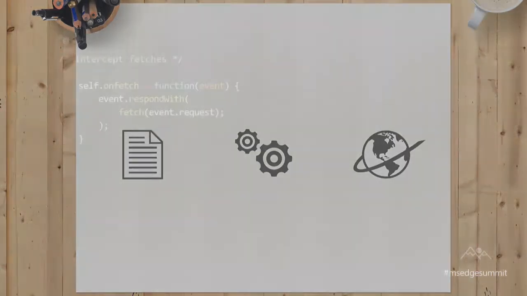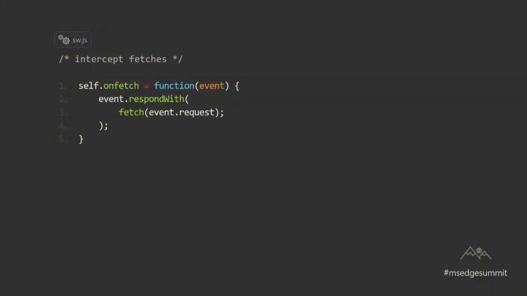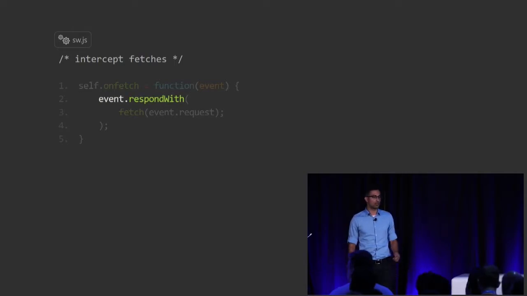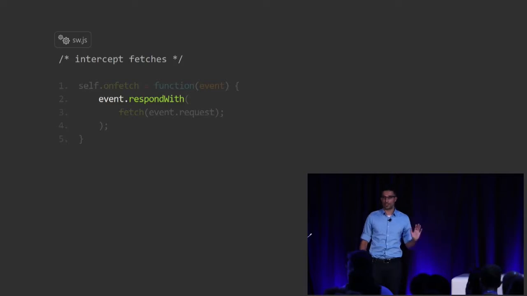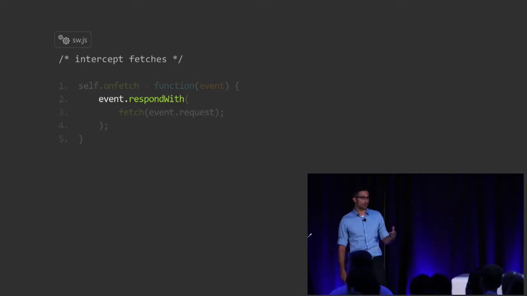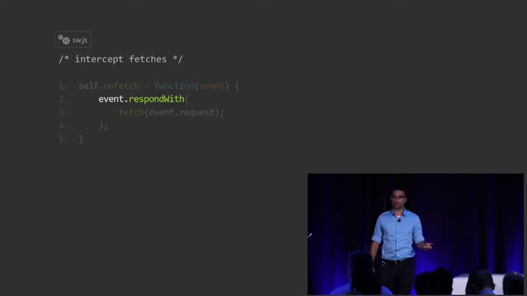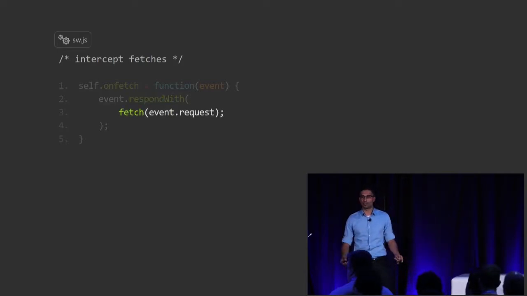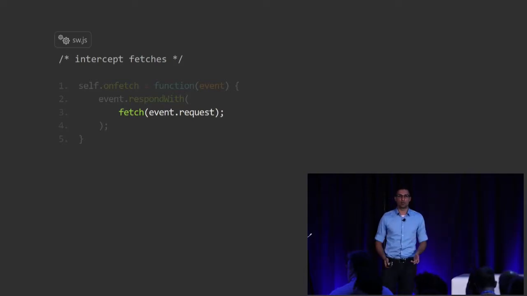So in a service worker, you'd be able to do something like handle a fetch event. So we can do self.onFetch, which gives us the ability to handle that event. And in there, we're going to use event.respondWith. RespondWith is a special method that we pass in a promise that resolves as a response, or we can pass in a response here. And here we're just going to pipe it through using fetch and passing in the actual request that came through. So in this case, it's basically a no operation.